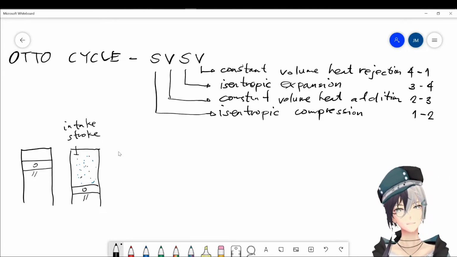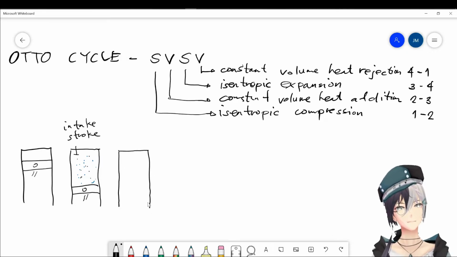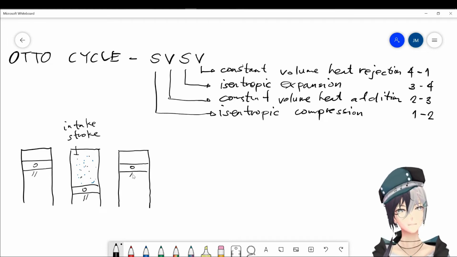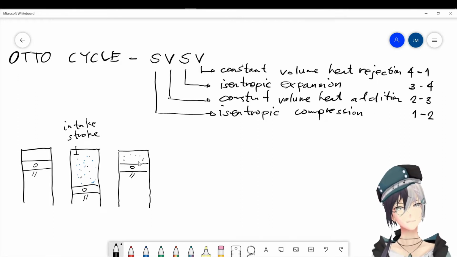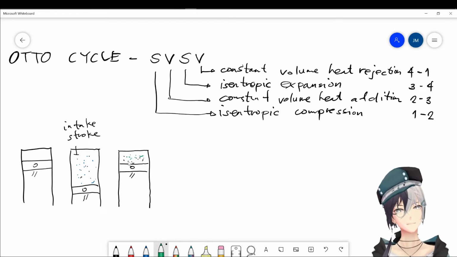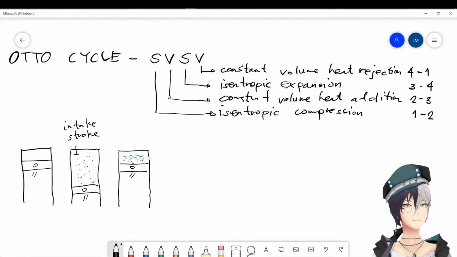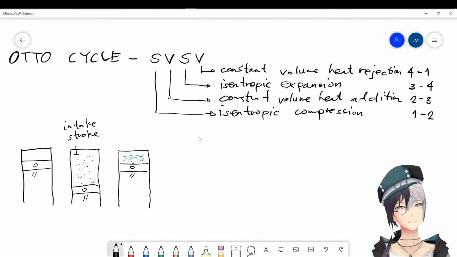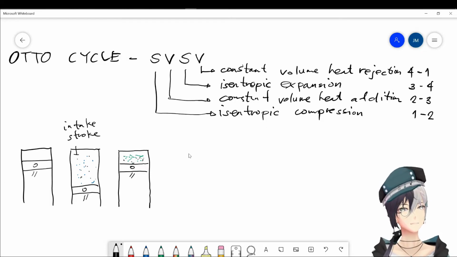And then it undergoes compression. The air and fuel mixture is now compressed. Upon compression, you now have the process of constant volume heat addition.